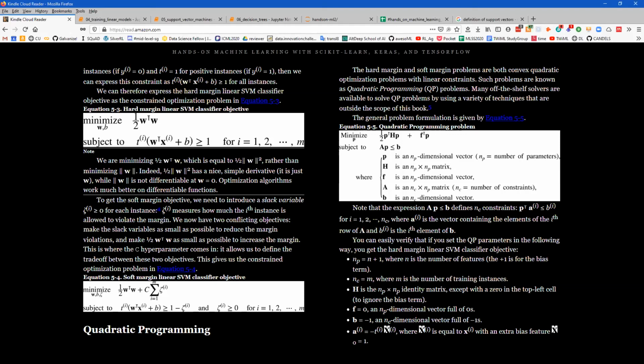Yeah, because when you increase C, obviously the slack variable will probably go smaller, but also the left side of the equation will also go smaller. And also it's subject to t times that larger or equal to 1 minus slack variable.